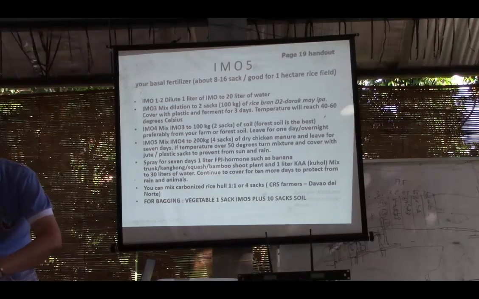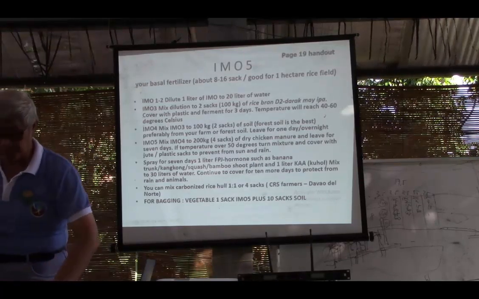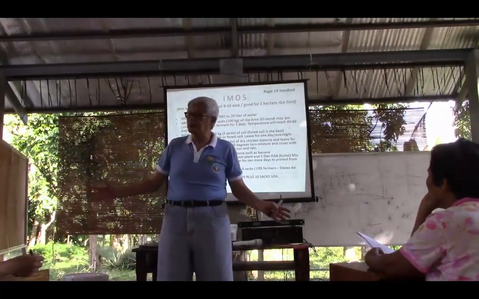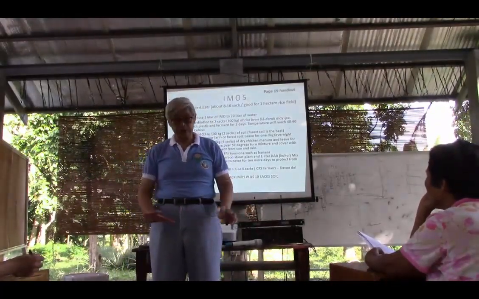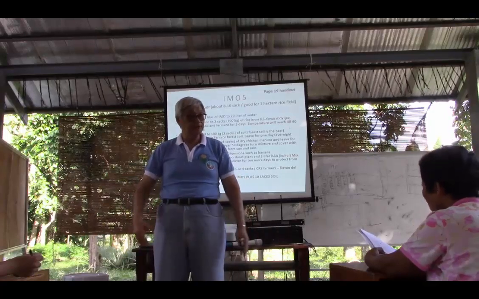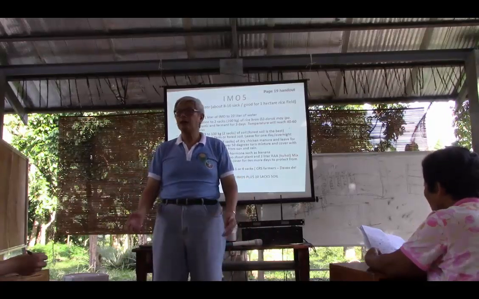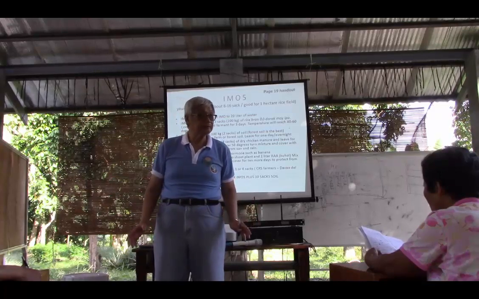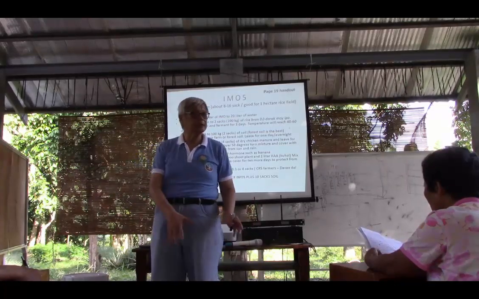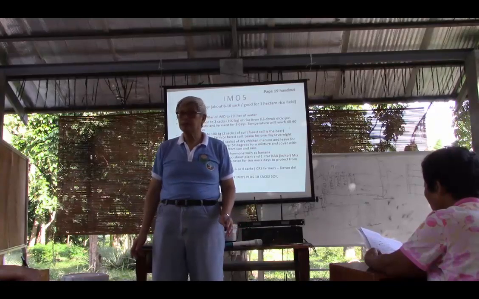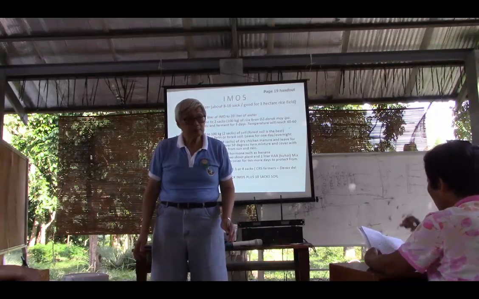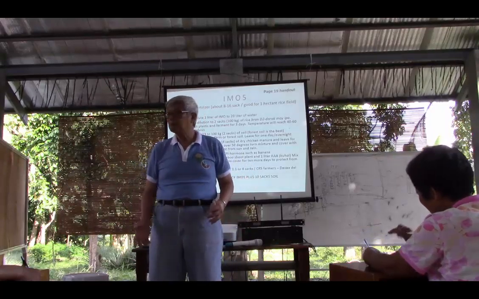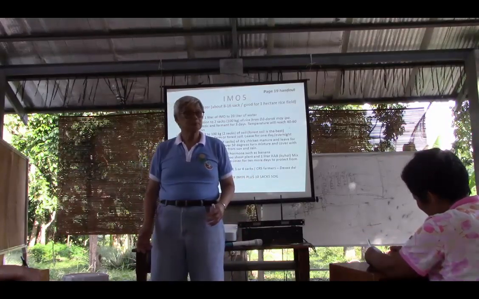Mix again, pour water, mix again, pour water, until all the water is mixed with the mixture of IMO 4 and 4 sacks of manure. Clear? Kailangan ubusin yung tubig. So, mix everything up. Yung 32 liters, puro itlog mix.